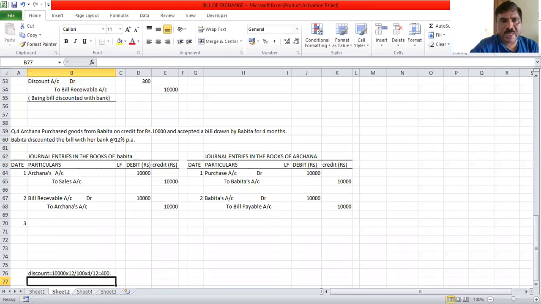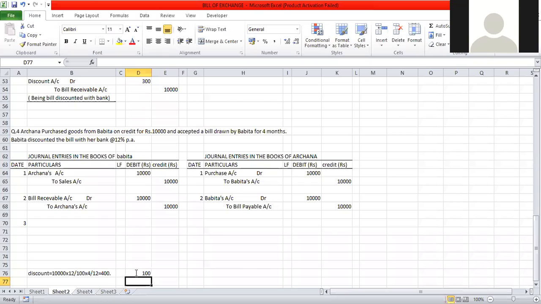Always remember, 12% per annum means 1% per month. 1% of 10,000 is 100, multiplied by 4 months, that is 400. This is how you do it in the shortcut method.